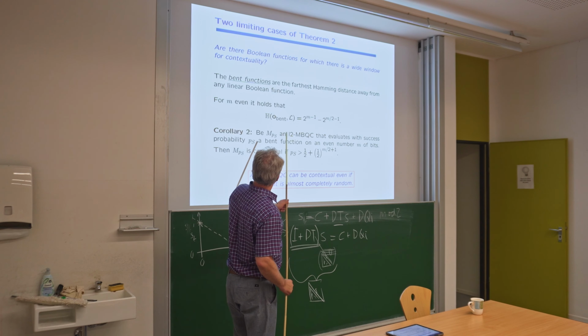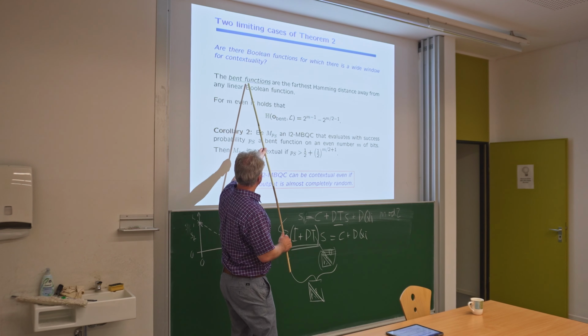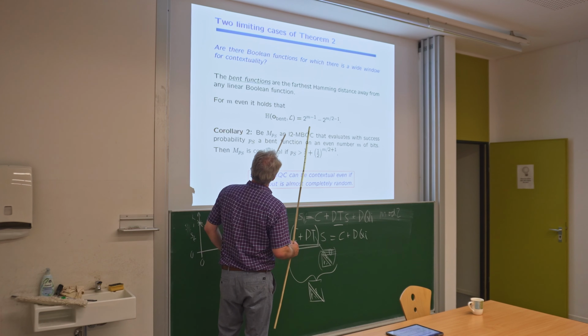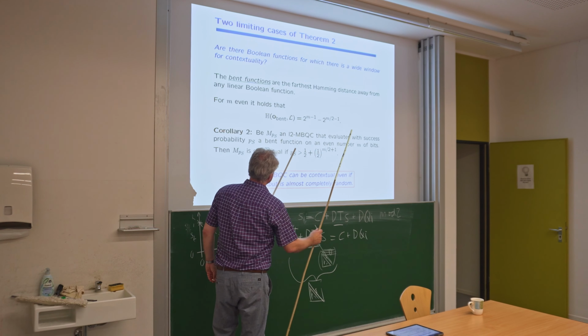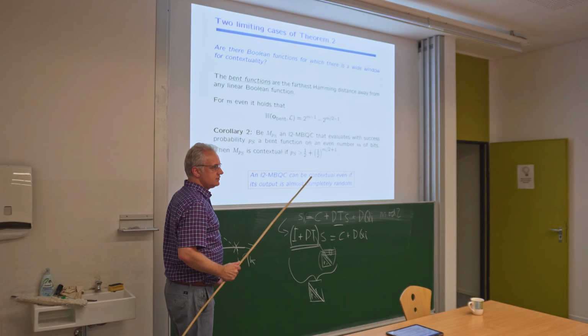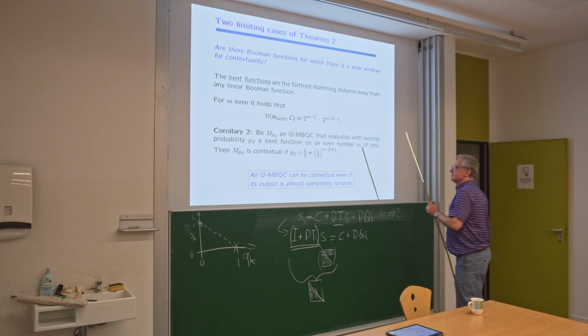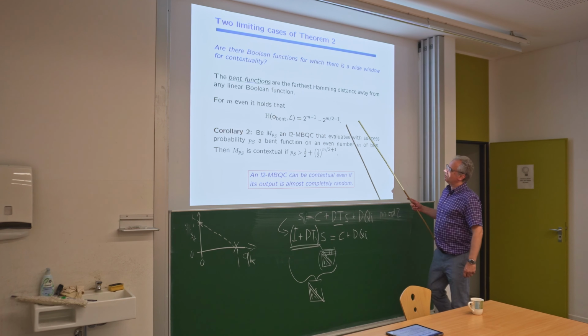And there is something that coding theorists, for some reason, have an interest in studying. It's called the bent functions. And these are the farthest away in Hamming distance from any linear Boolean functions. For some reason, coding theorists in the 1970s had an interest in studying that. Who knows why?